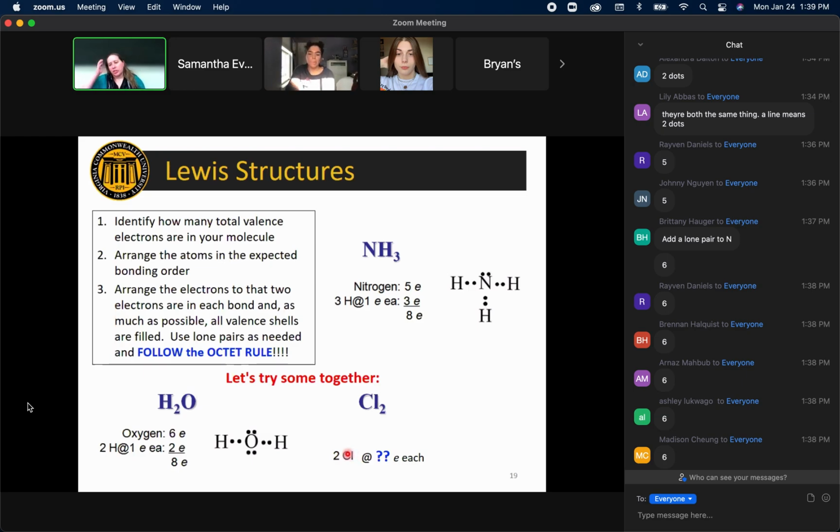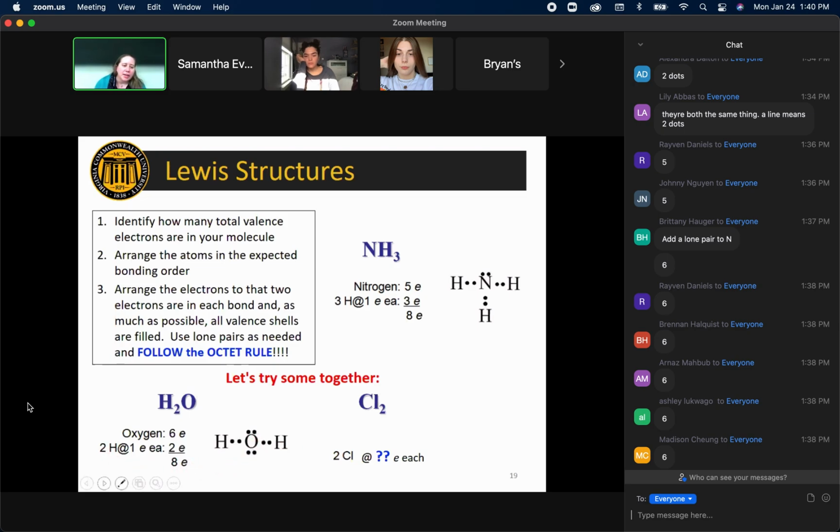The point of the Lewis structures for now is for us to have a sense of which atom or atoms each pair of electrons belong to, right? So this pair of electrons here belongs to both the hydrogen and the oxygen, but this lone pair of electrons belongs only to the oxygen. So that's the question we're answering right now.